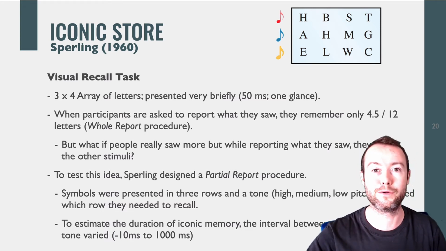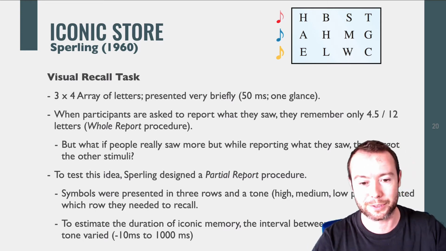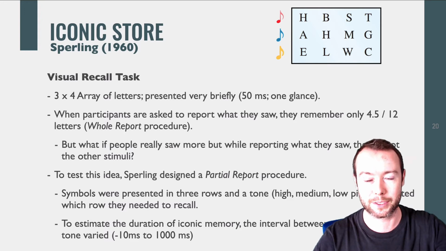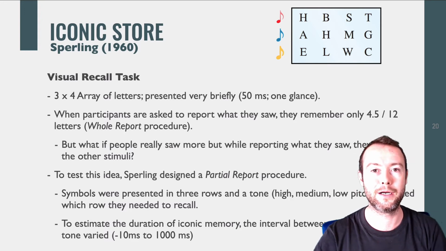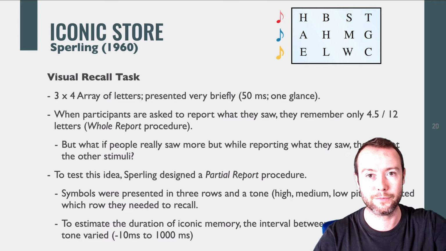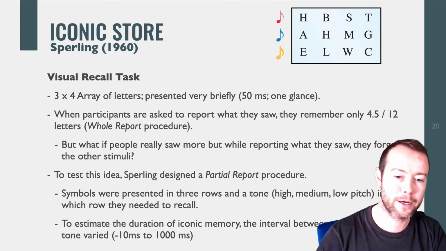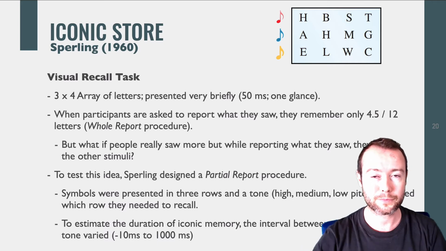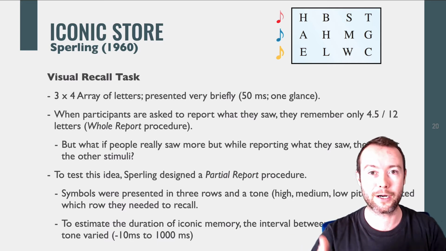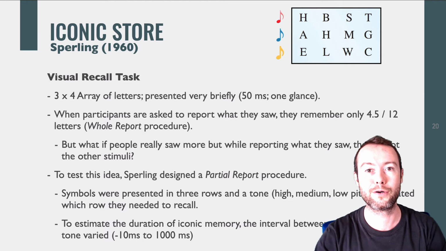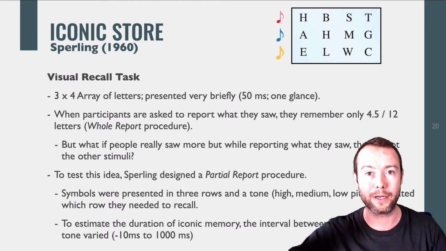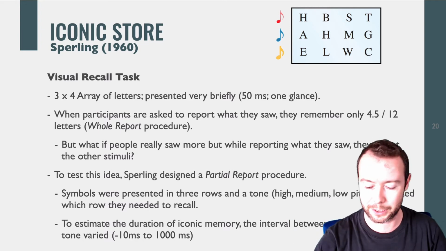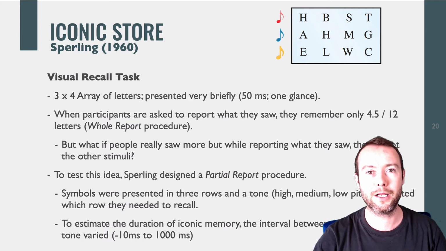In some trials, it would appear 10 milliseconds before the array disappears, so almost immediately you know which row you've got to recall, and then other trials it would be delayed by up to a second. And if we're thinking that this iconic store doesn't hold things for very long, your performance is probably going to be quite poor if you don't know which row to recall from after a second of doing this. So let's have a look at the data.